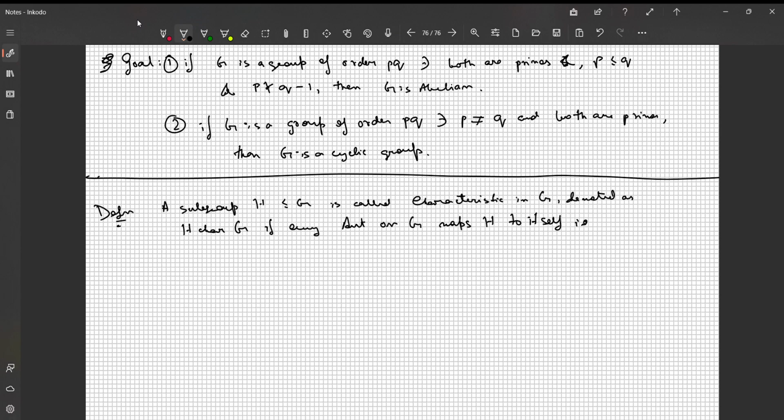That is, sigma of H is equal to H for all sigma in the set of all automorphisms of G. Clear?